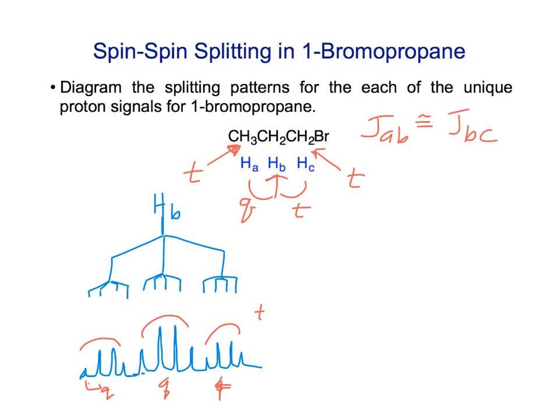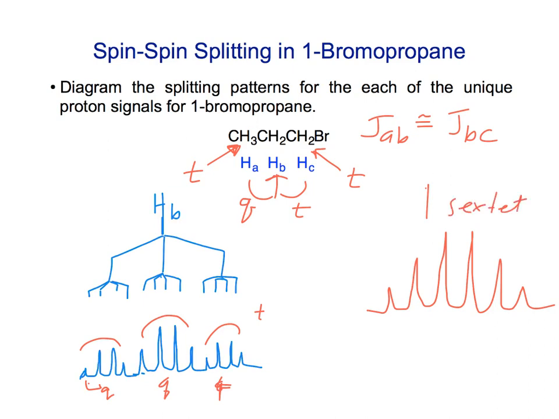If those are the same, then essentially what we're going to see is this thing that looks kind of like this, if I can draw it. It's just symmetrical in the middle this time. So this is a sextet. That simplifies it if all the coupling constants are the same.